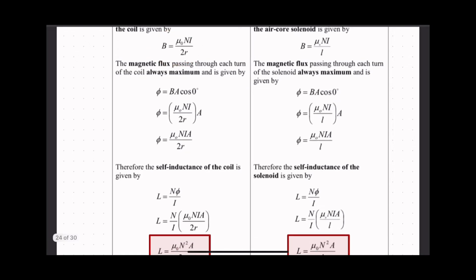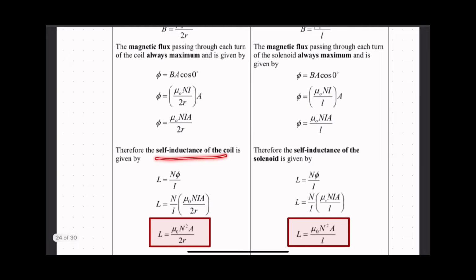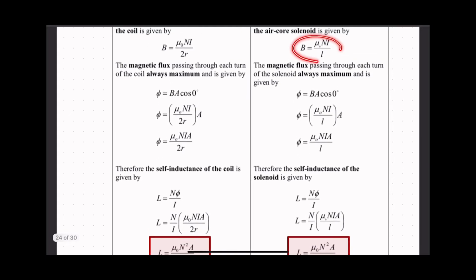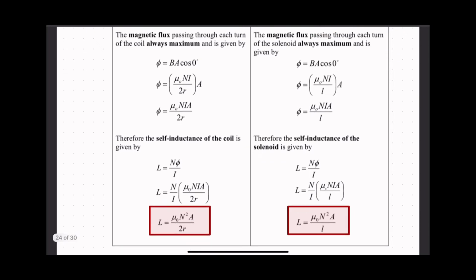Substitute the value of B, so you get the magnetic flux, and then the self-inductance of the coil is L equals mu naught N squared A over 2R. For a solenoid, you know that B is equal to mu naught N I over L, and then we substitute in the formula of self-inductance, so you get L equals mu naught n squared A over L. Only the denominator differs: for a coil it is 2R, for a solenoid it is L.